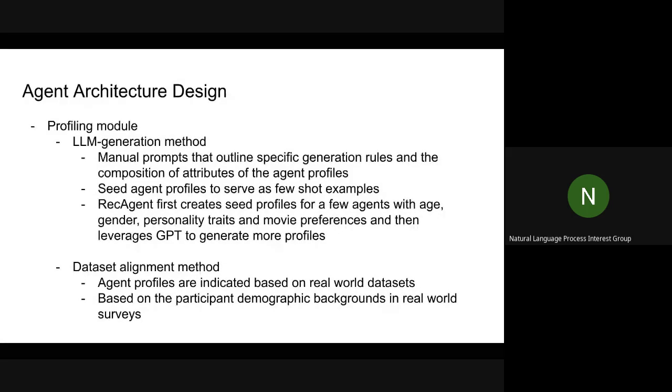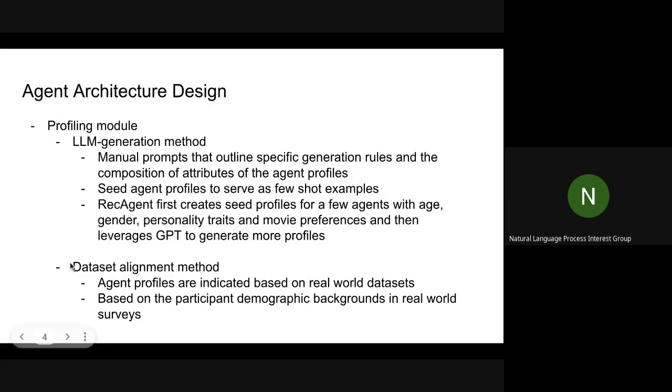And then they have some variables upon which it can differentiate, so based on those variables, it generates a lot of similar types of profiles. The RecAgent is an example that they provide of this. It first creates seed profiles for a few agents with age, gender, personality traits, movie preferences, etc., and then leverages ChatGPT to generate a wide plethora of similar profiles.